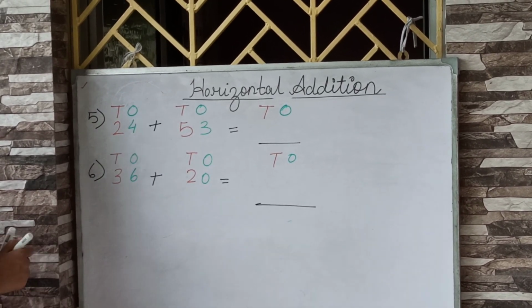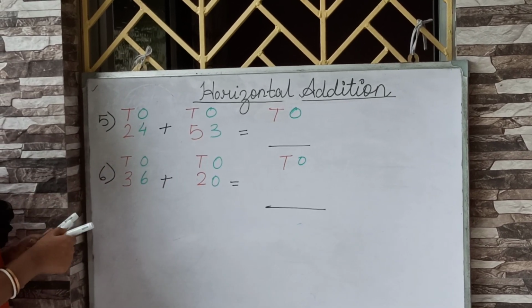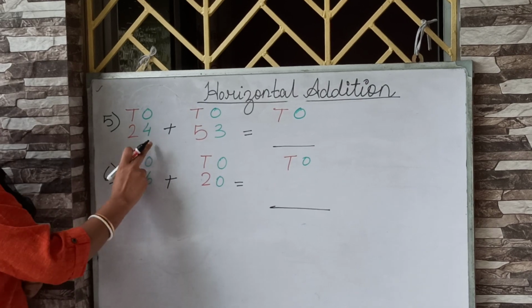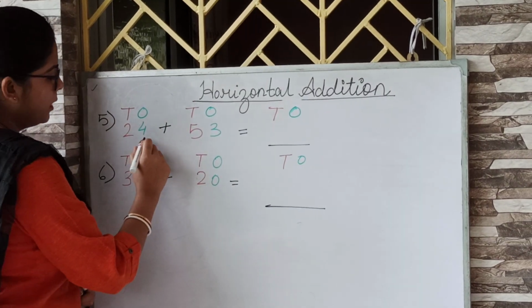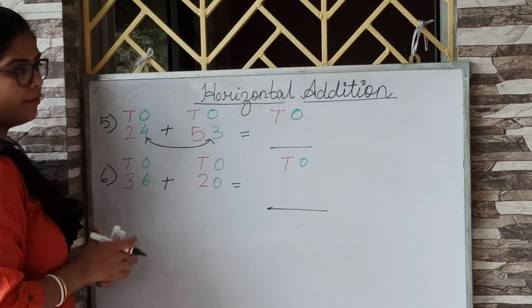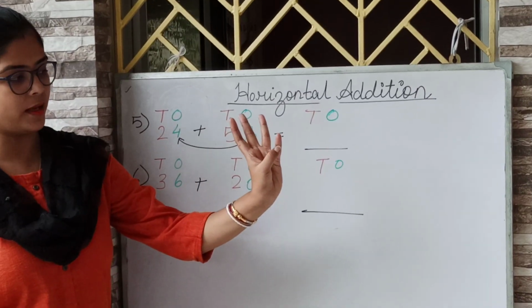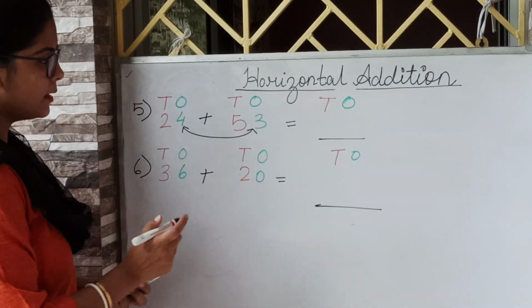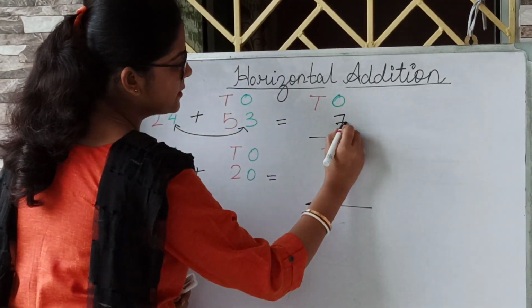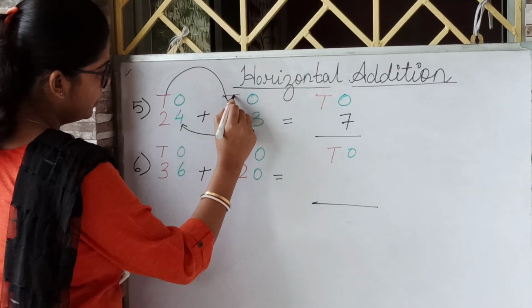See, here I have 24 plus 53. So ones plus ones means 4 plus 3. How much? After 4 we count 3: 5, 6, 7. So I will write the answer in the ones place, and tens place digit with tens place digit.